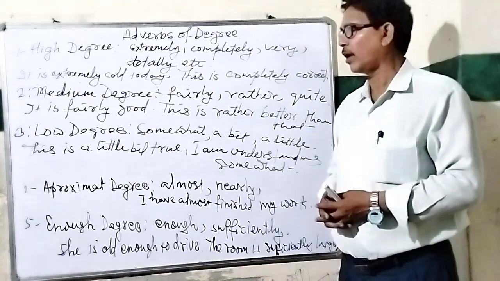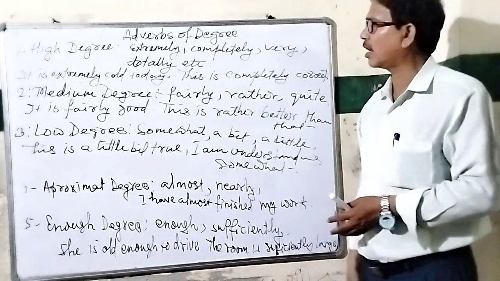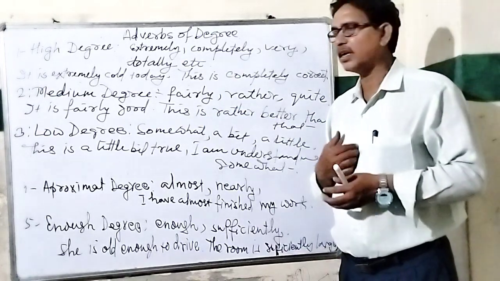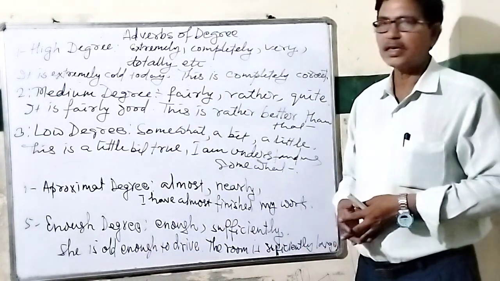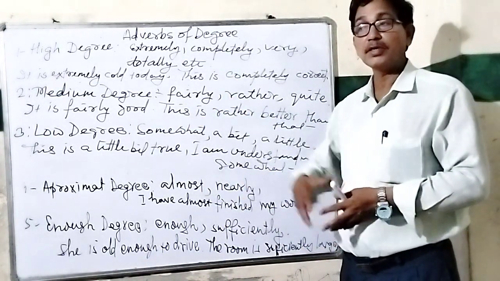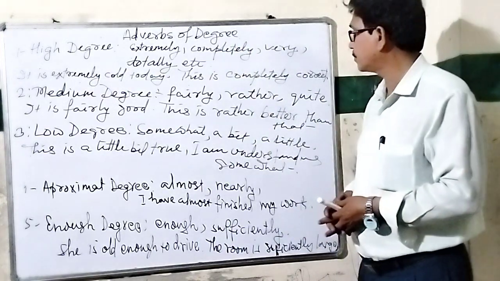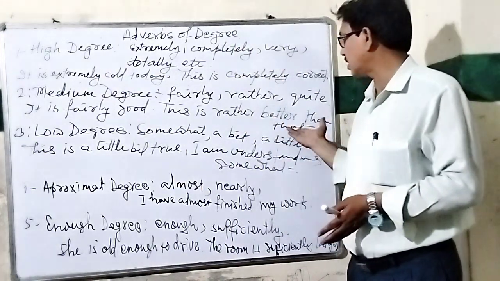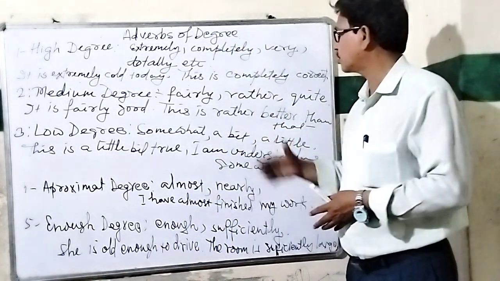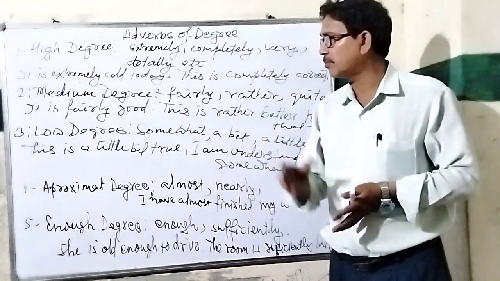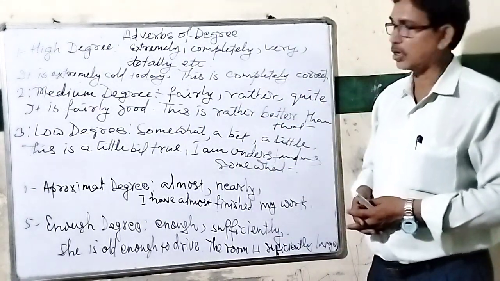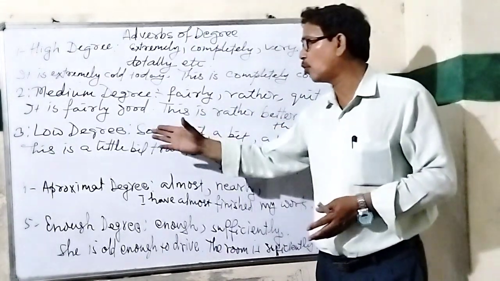But if we say quite, this should come in medium. Fairly, for example, it is fairly good. It means not very high, not very low. This is rather better than that one. So this rather is also used as a medium degree modifier.